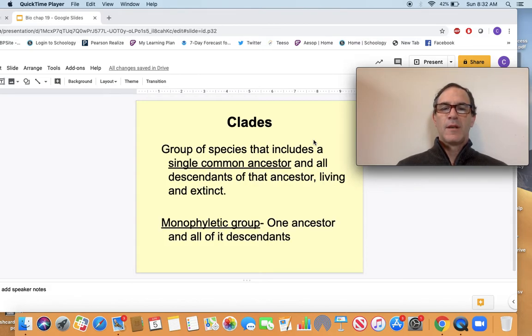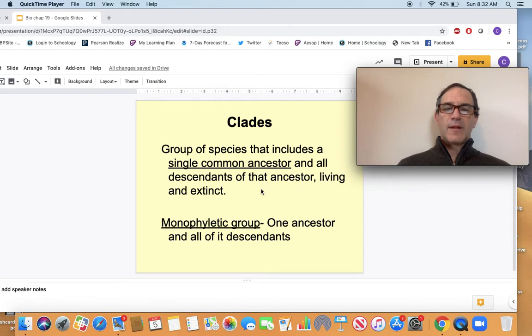So the word cladogram comes from the word clad, or some people pronounce it clade. A clade is really a group of organisms that all share a single common ancestor. I always think of the word clan, a clan who came from an ancestor. It includes all the living as well as all the extinct organisms, or if it was a family tree, those who had deceased.